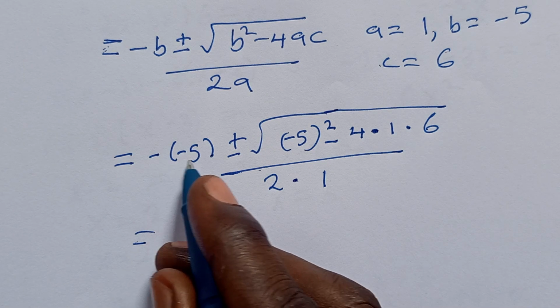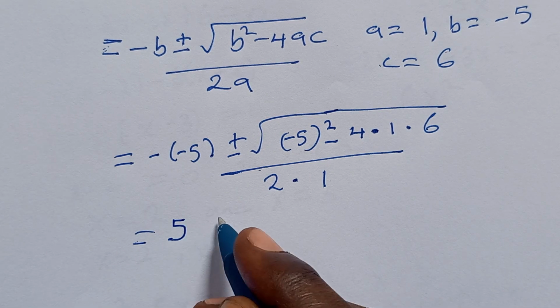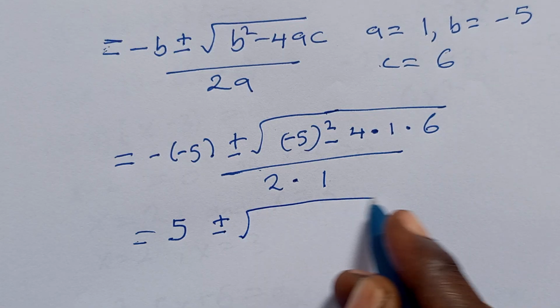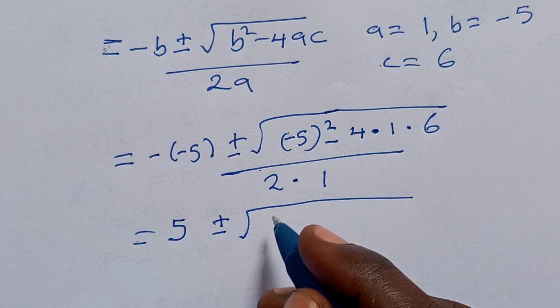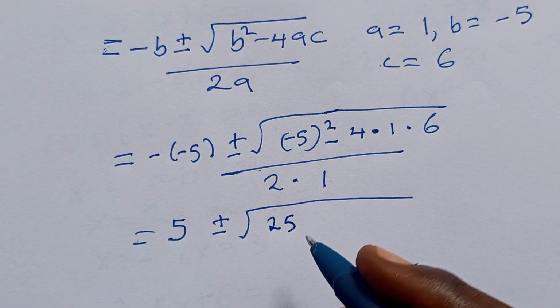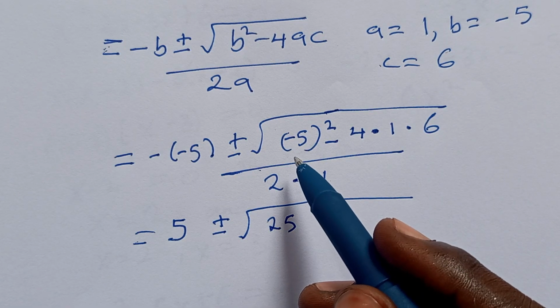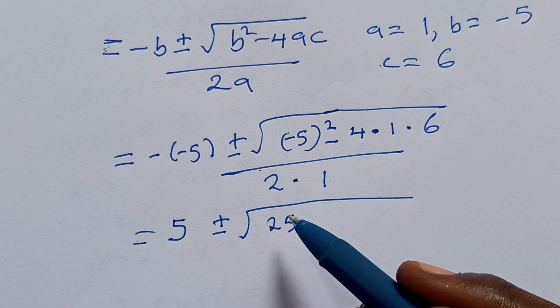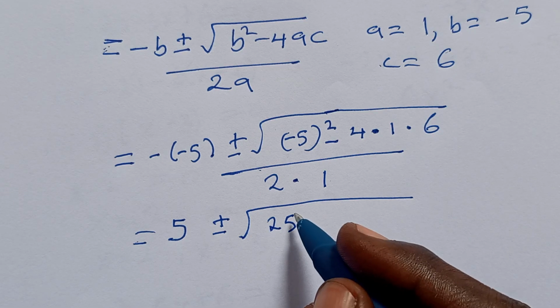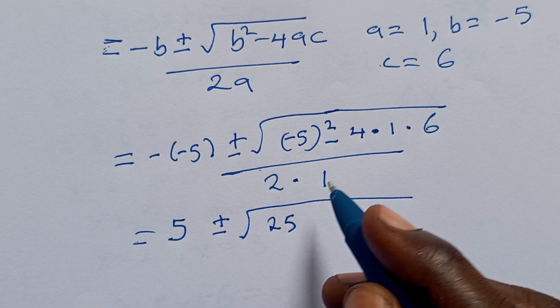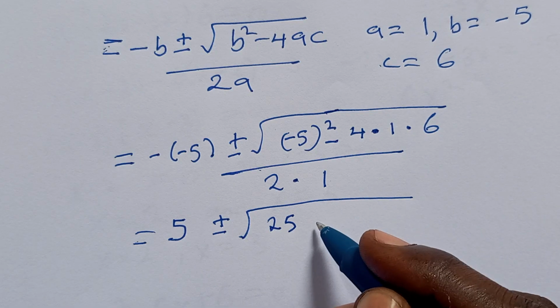So minus minus 5 is going to be positive 5, plus or negative the root of minus 5 squared, which is going to be 25. If you're squaring a negative number, it's going to be positive. If you're squaring a positive number, it still remains positive. So take note of that. So minus 5 all squared is 25.